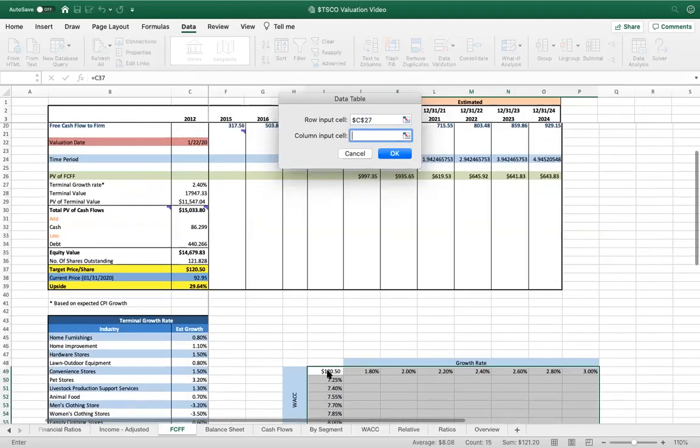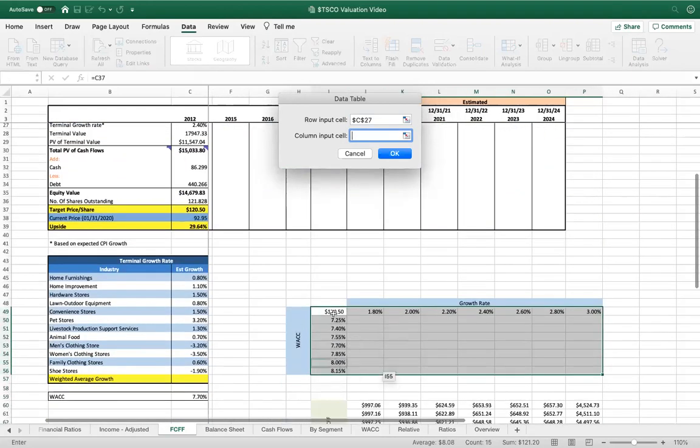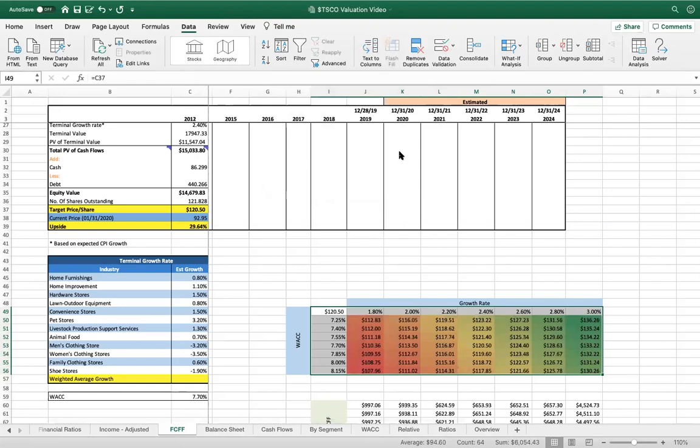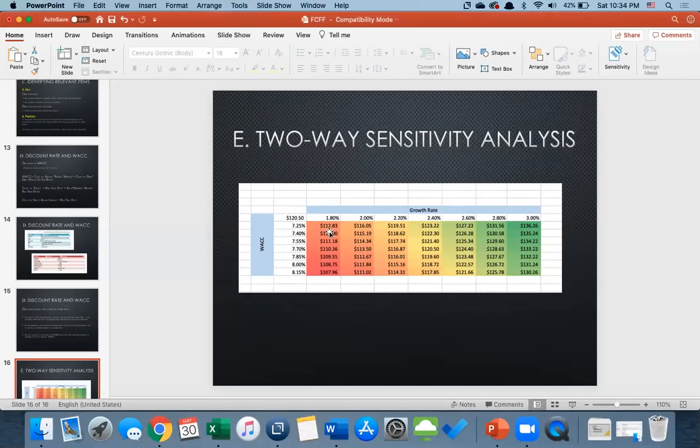The column input is the WACC, here, C59. Then click OK. Now we get all the numbers here, and we can see the 2.4 growth rate with the 7.7 WACC gives the 120.5 target price, the same as here. So that's how we conduct the sensitivity analysis.